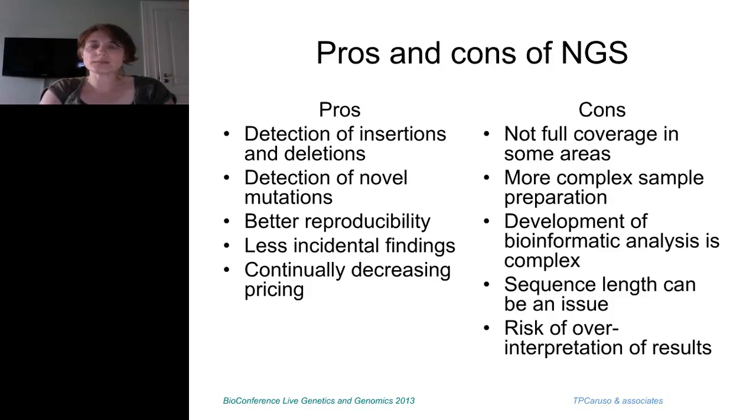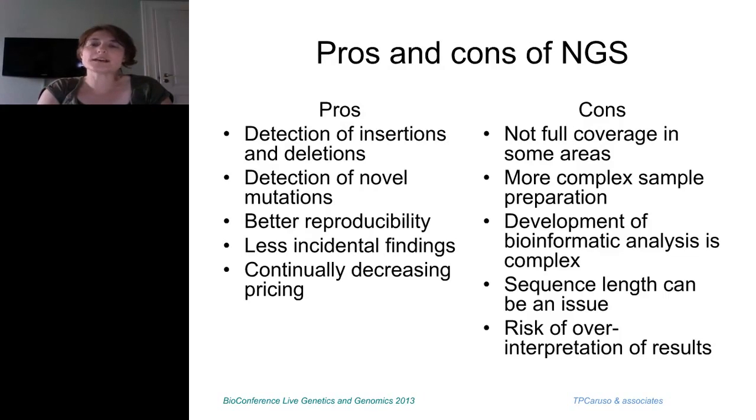I will talk a little bit later about the reproducibility and incidental findings, but the big plus is the continually decreasing price, as well as the ability to multiplex more samples per lane. So that's dropping the price down.